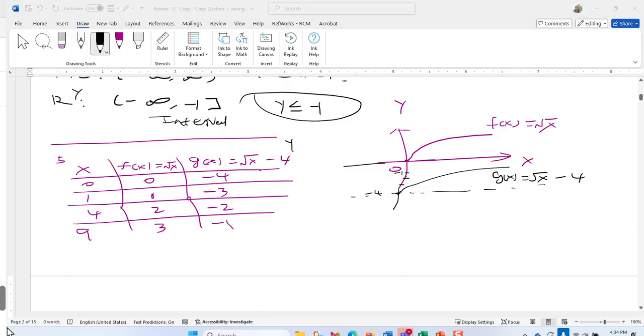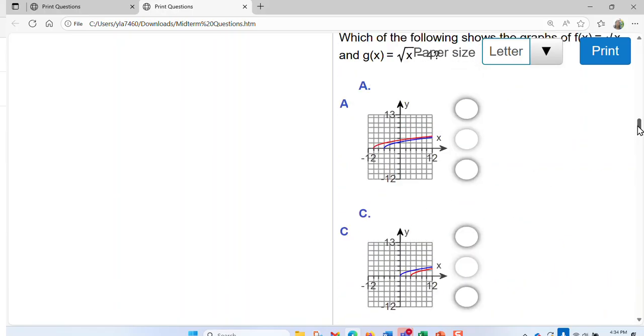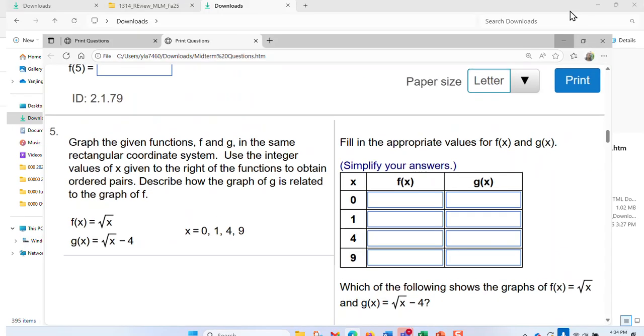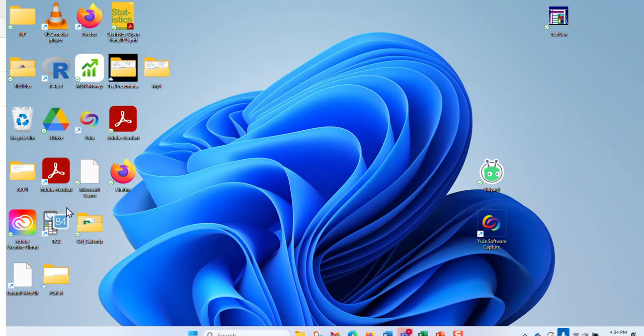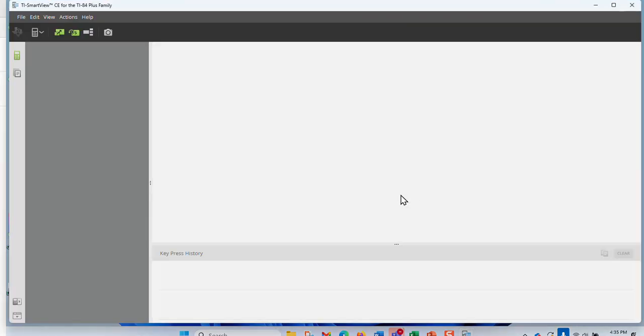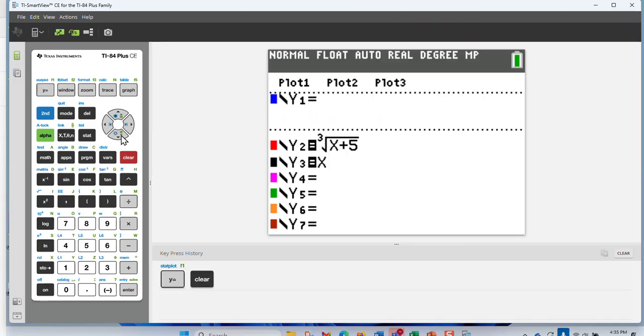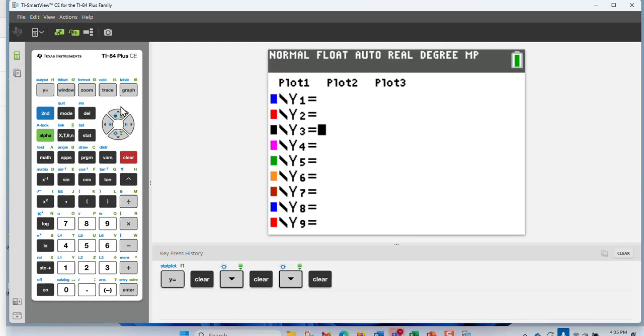You just choose the correct graph. This one is a square root, so second x squared will be the square root of x, and then you can go ahead and graph the square root of x.